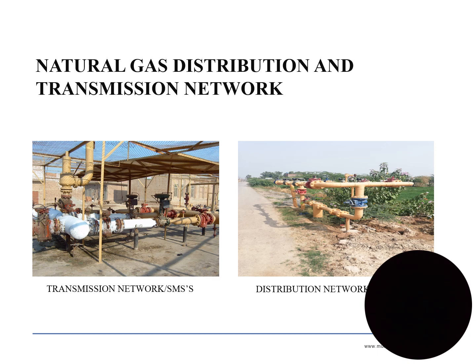So we have to understand the transmission and distribution gas network. The term transmission means that we have to transmit something. Transmission is the way to supply a thing from one place to another.